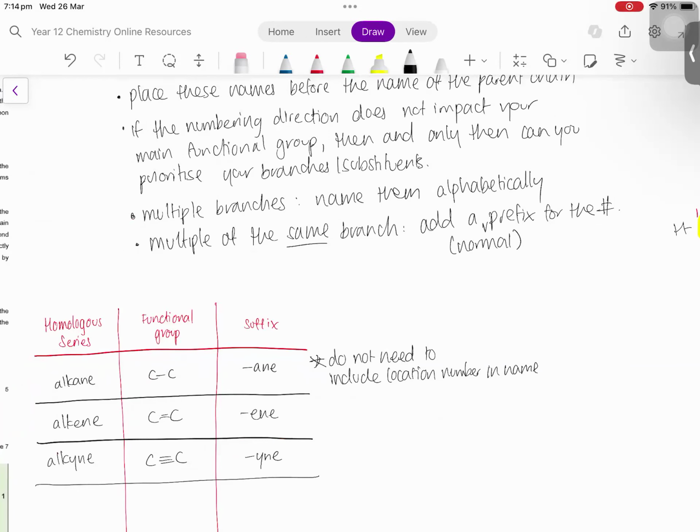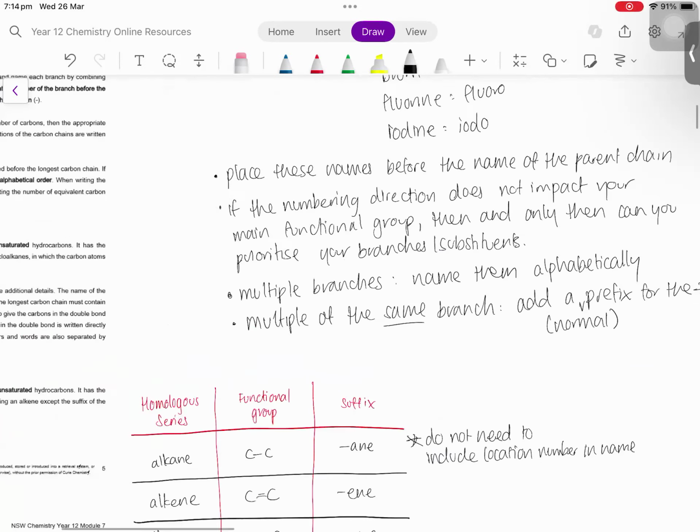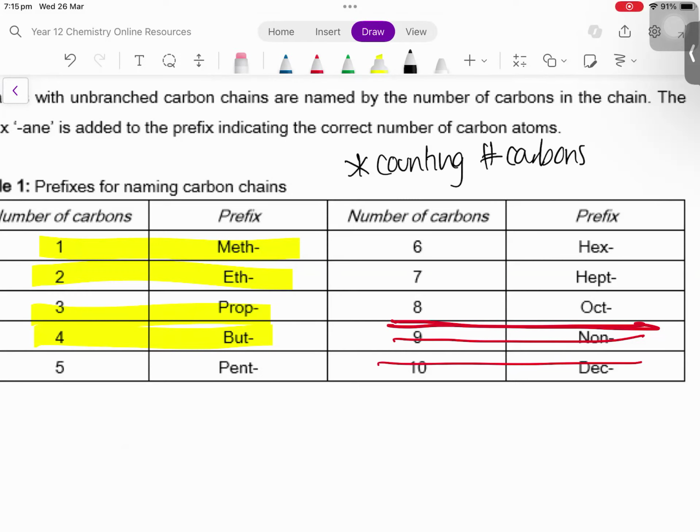So I just want to say that this table here, meth, eth, prop, and but, is for counting numbers of carbons. All right. If you're counting anything else, if you're counting the number of functional groups, if you're counting the number of branches, you do not use meth, eth, prop, or but.